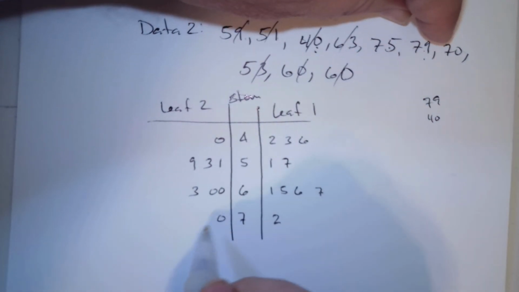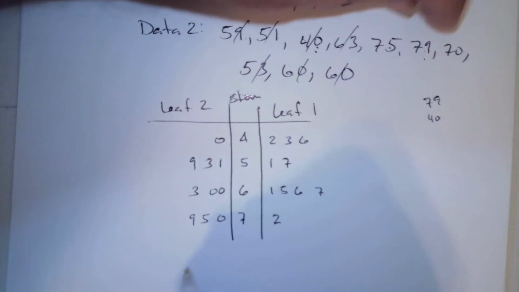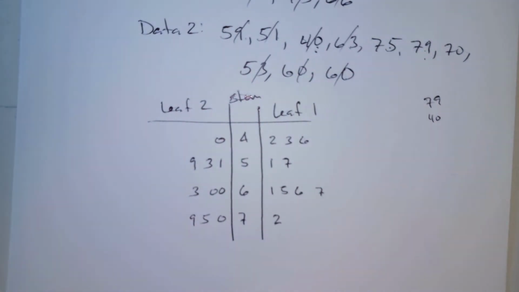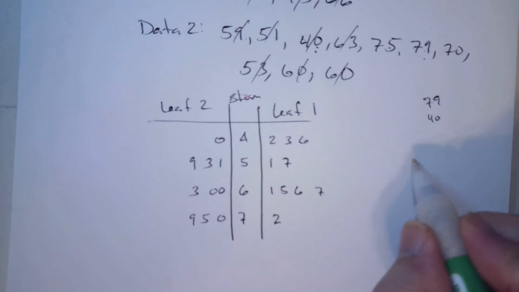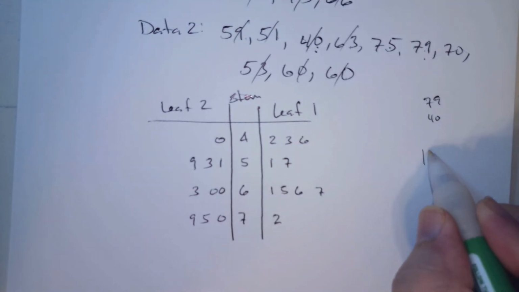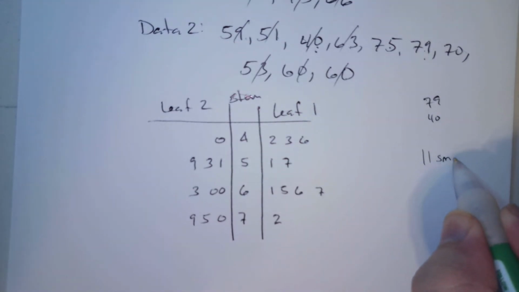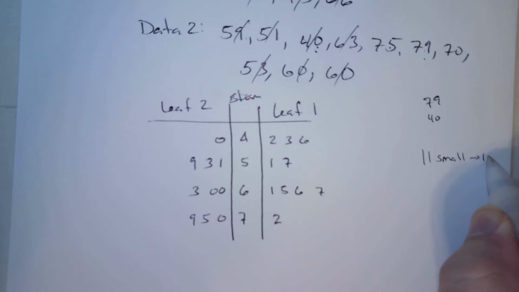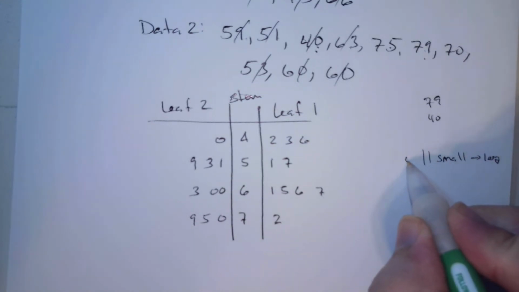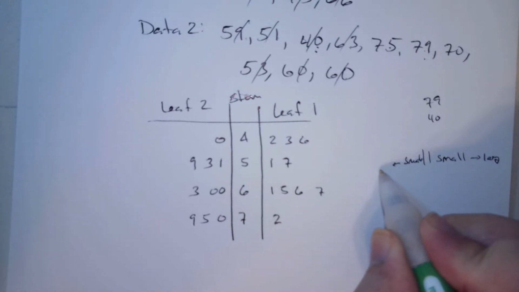I have 70, 75, 79. Notice it always goes from the stem small to large.